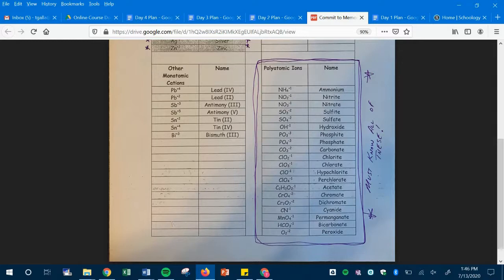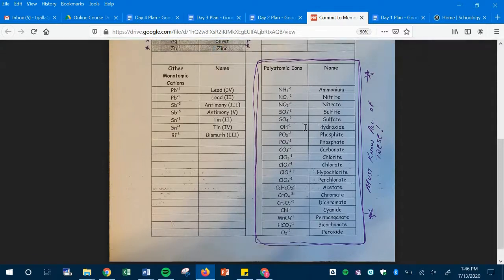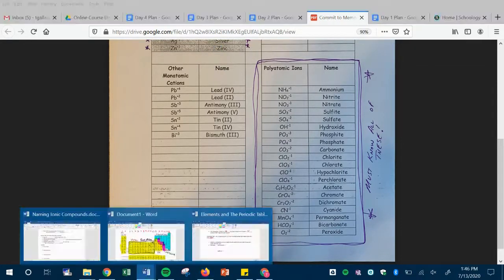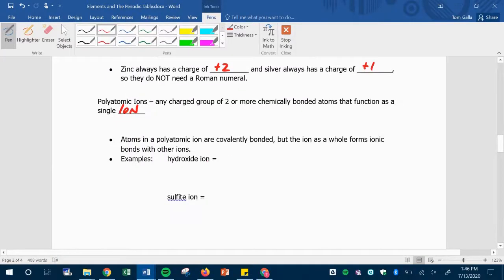If we look through here at our names, here's our hydroxide ion, which is OH minus 1. So let's go back and put that on here. The hydroxide ion is oxygen and hydrogen bonded together, and together they form a -1 charge. All right, so that's that one.